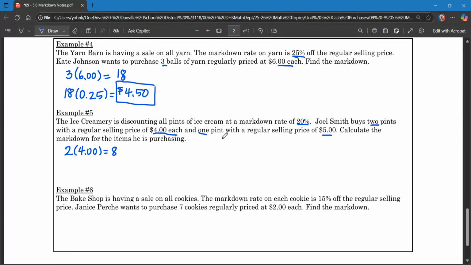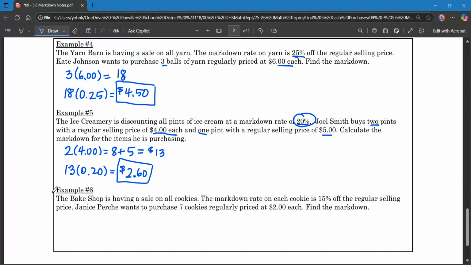He's also buying 1 pint at $5, so let's add $5 to get a total before of $13. Well, everything is 20% off, so let's take $13 and multiply by 0.20, and that's going to give me a $2.60 markdown. Which doesn't seem like a lot, but remember, every dollar you're saving is a dollar that you can use somewhere else, or a dollar you can be saving.